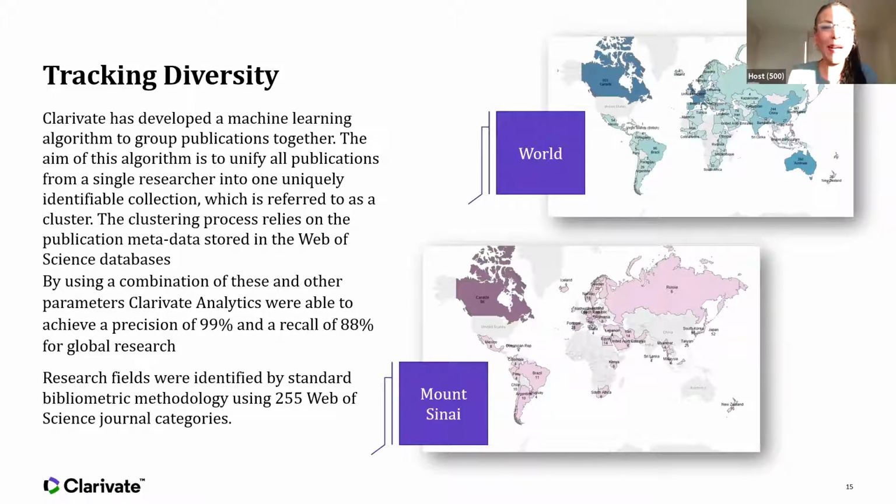That was really an exciting project. We were able to identify most of our faculty who came from around the world, and we managed to also map them according to journal categories and disciplines.